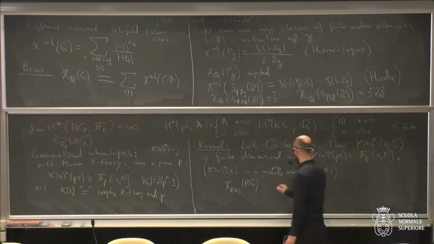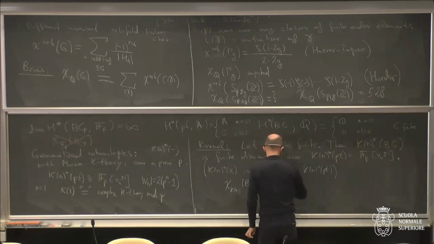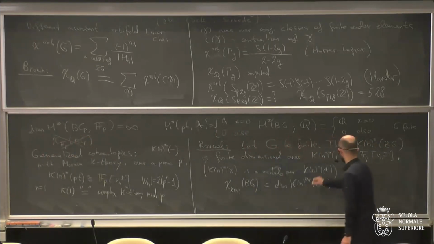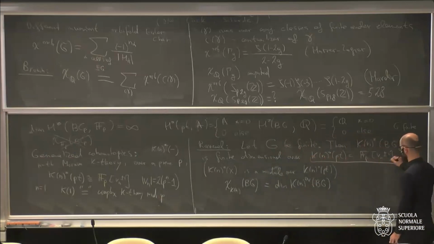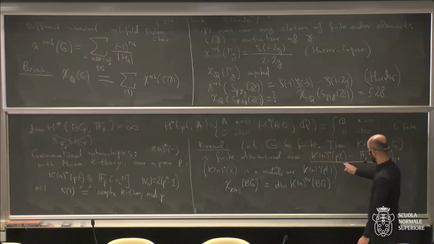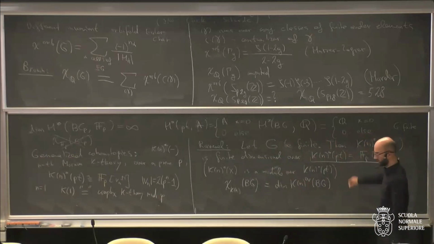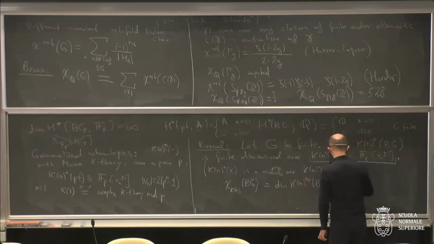So you take the dimension of K_n even of BG, where dimension means dimension over K_n upper star of a point. I need to take the dimension over which I am finite dimensional, otherwise what am I talking about? If I just take the dimension over F_p, of course that's infinite dimensional, but I'm taking the dimension over that. Minus the dimension of the odd part.